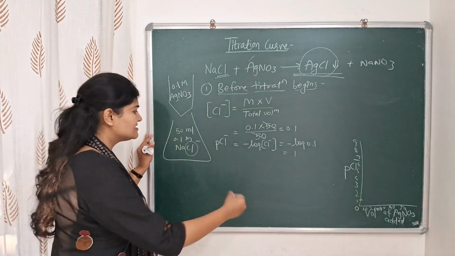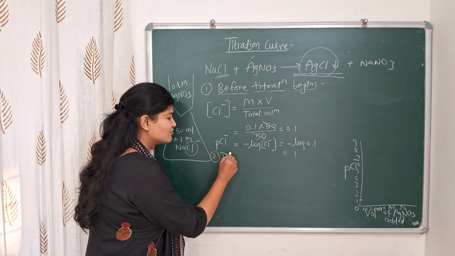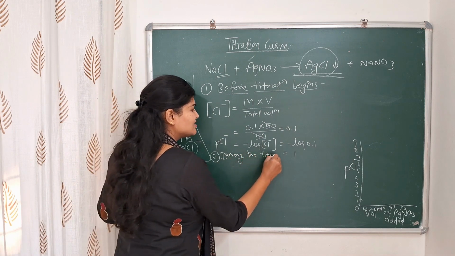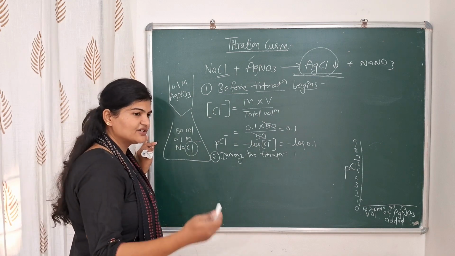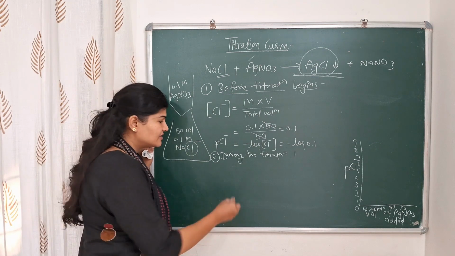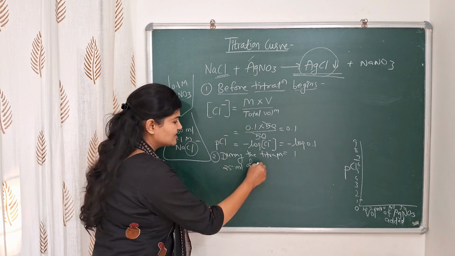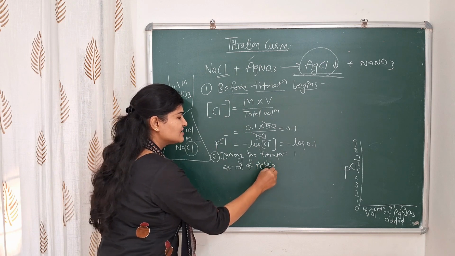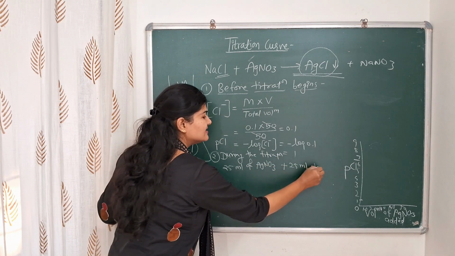Now let's discuss what will happen during the course of titration. As soon as my titration begins, let's take an example where 25 ml of AgNO3 has fallen down. So 25 ml of AgNO3 has reacted with 25 ml of NaCl.